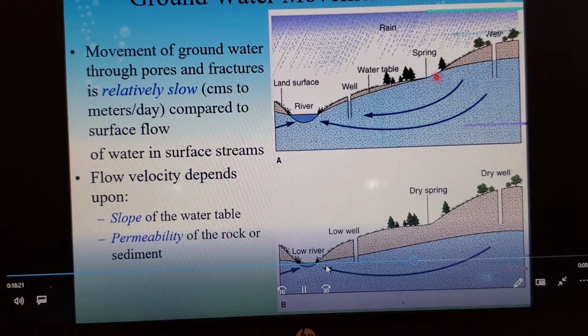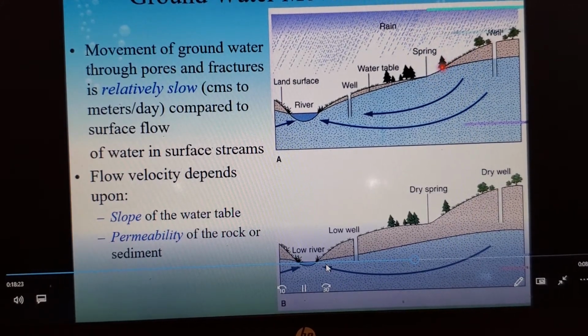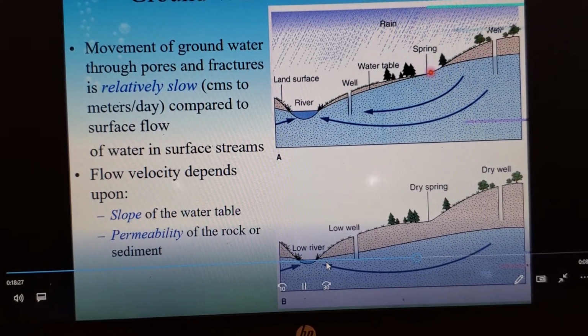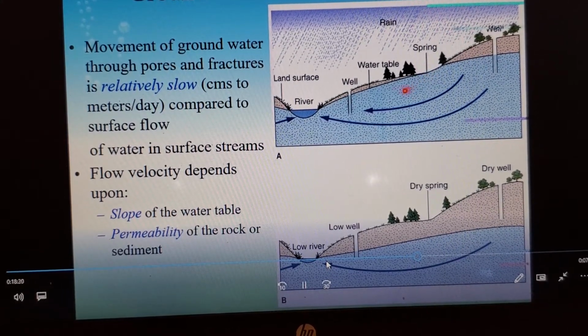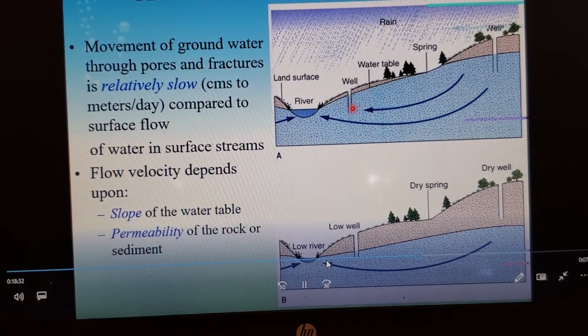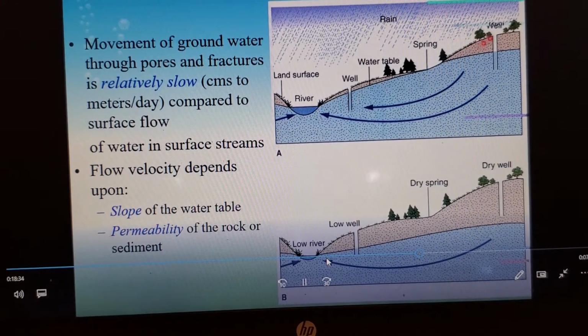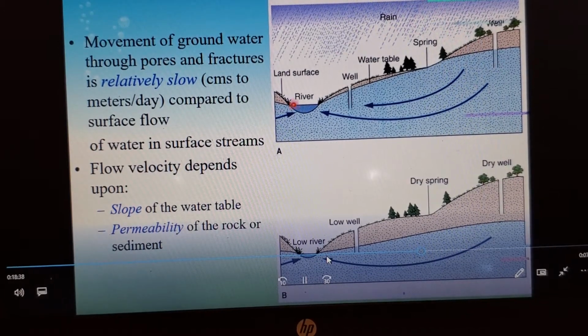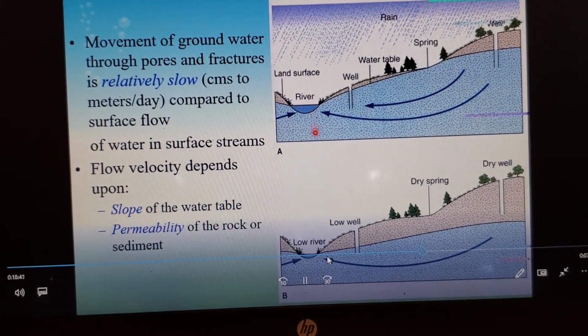And where the surface intersects the water table, water will flow out, and that is what is called a spring. Now, if you were to drill a well here, of course, you have water. You drill a well here, you have water. And of course, this is your river flowing out of the page.